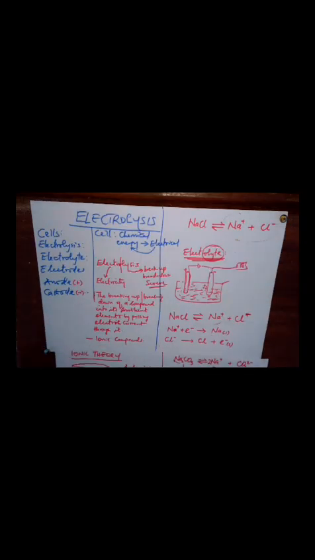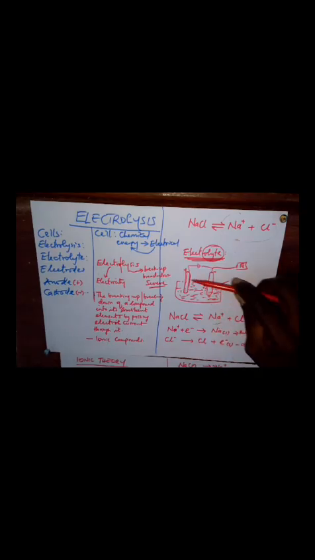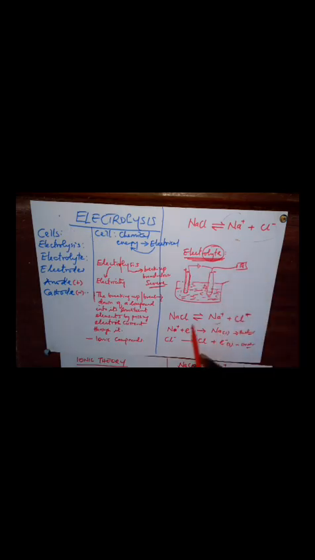Good. This is reduction. This is oxidation. And if you look at these electrodes, you see that the one that will attract positive ions would be the cathode.